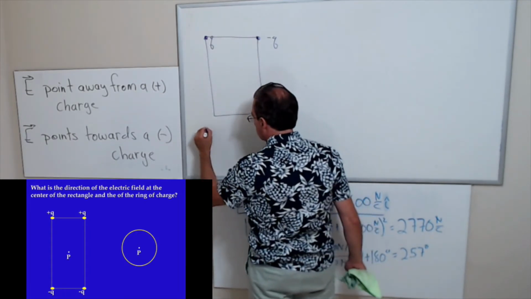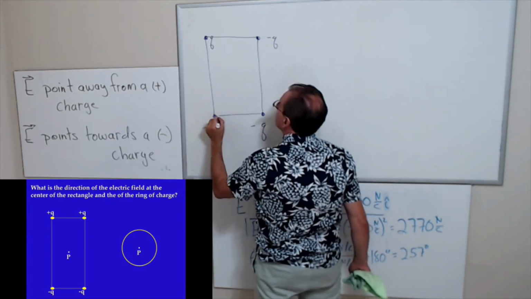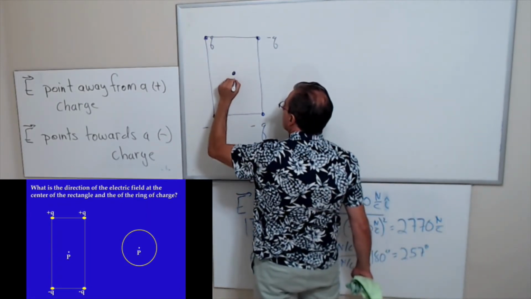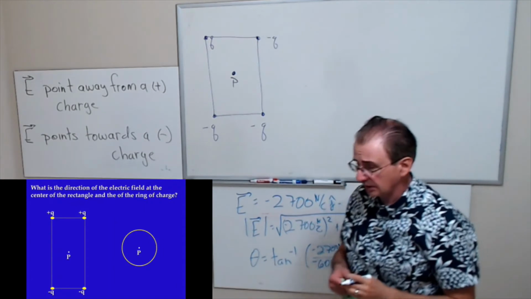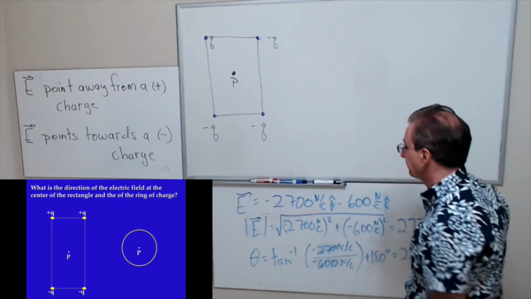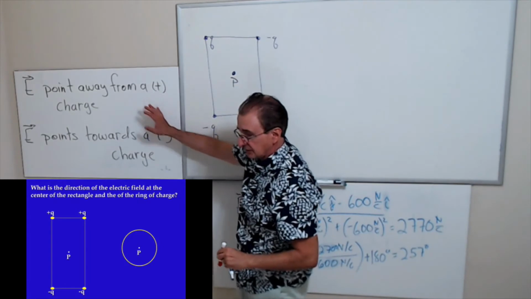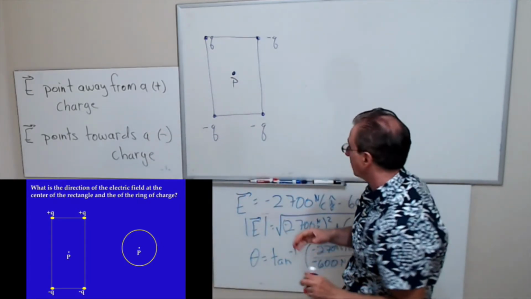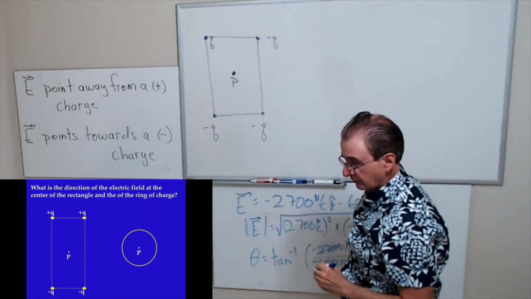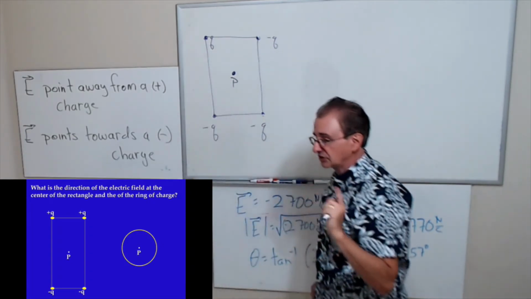These are actual charges, and I want to look at point P. I don't have to do the calculation explicitly. I want to say something about the field at point P. Now granted, this is a rectangle, so there's some symmetry, because these two sides are the same, and these two sides are the same. And if I'm at the center, the distance from any of the charges to point P is exactly the same.